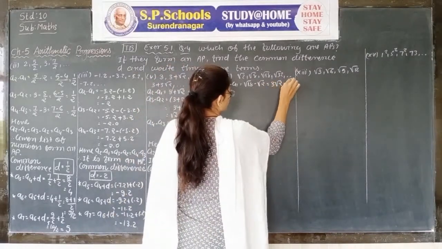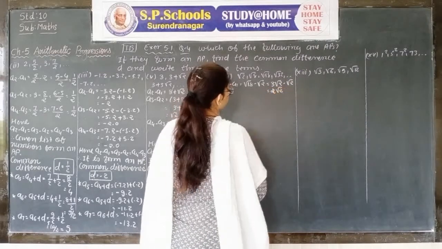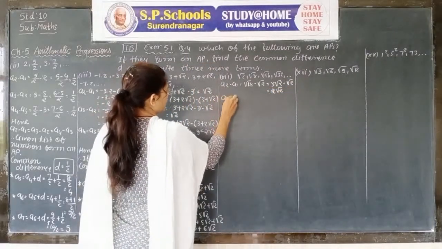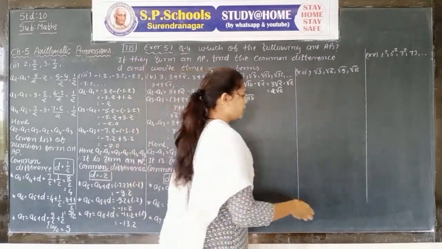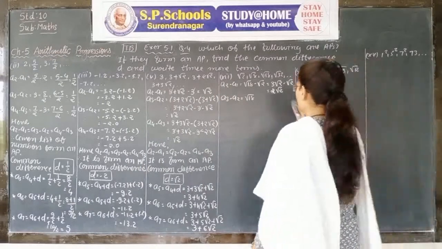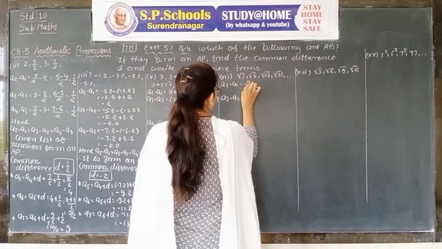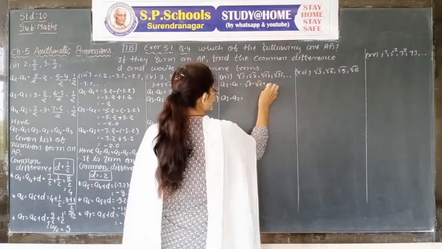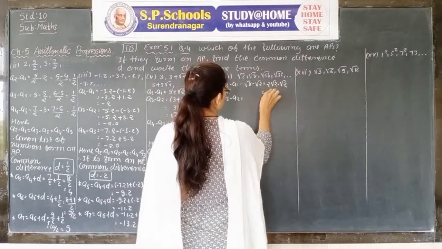So 3 root 2 minus root 2 gives 2 root 2.